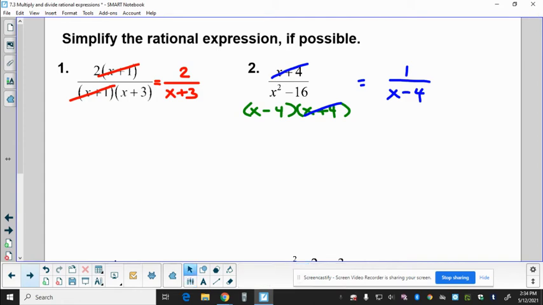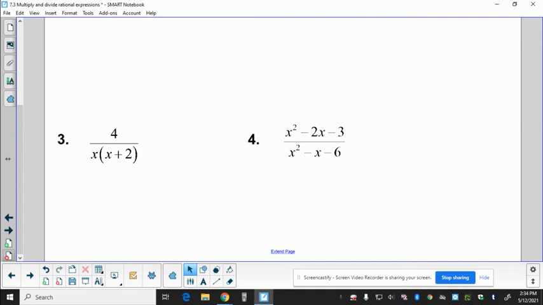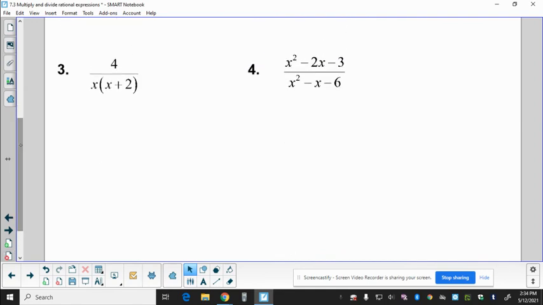Okay? Let's go ahead and try to simplify these. Okay, so number 3 is as simplified as far as it can be. Let's go over to number 4. Okay, I think that's going to work for that factorization.